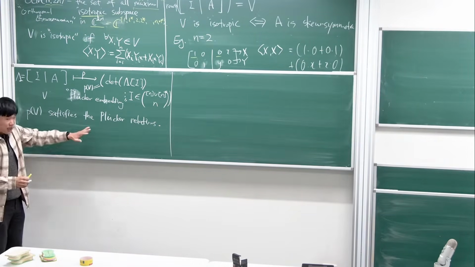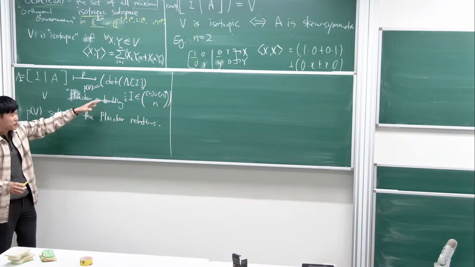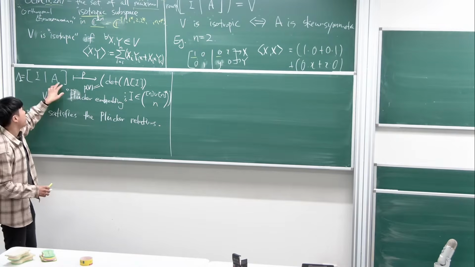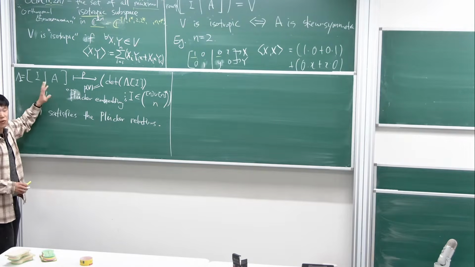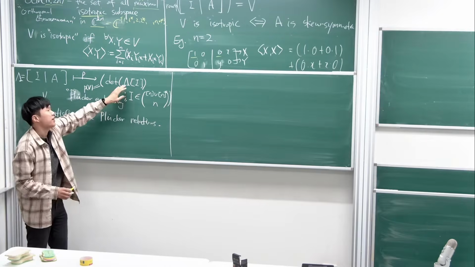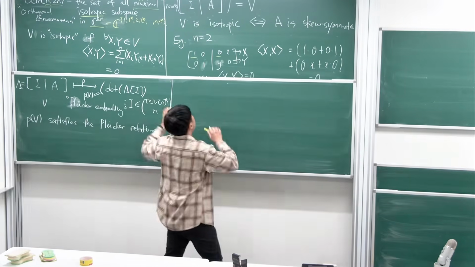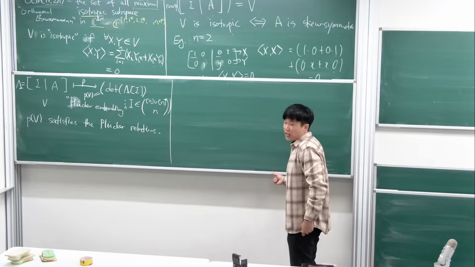And this Plücker relation is indeed nothing but a kind of cofactor expansion of our matrix A, or of these minors. Okay. And rather than that, let's go back to our previous example when n is equal to 2.